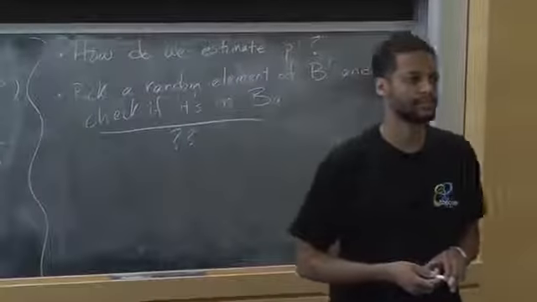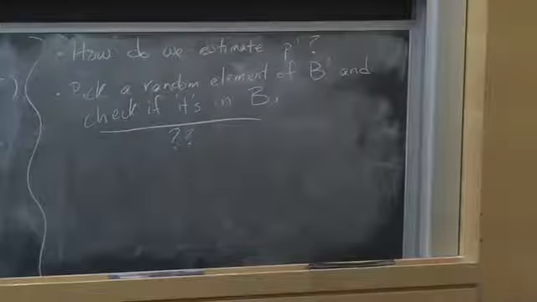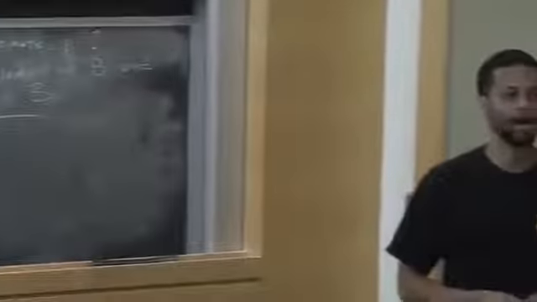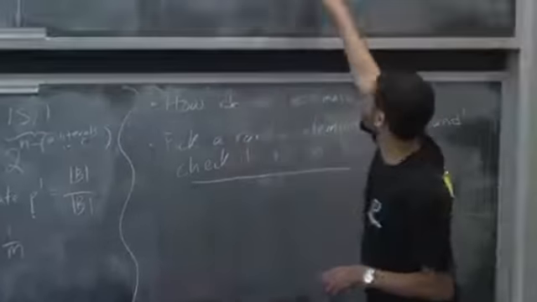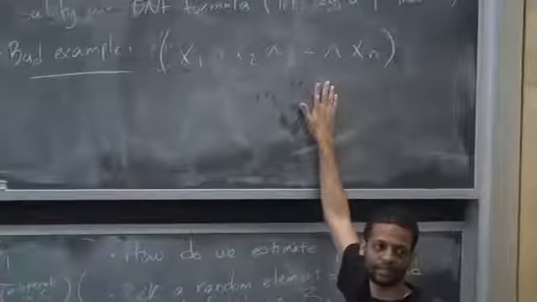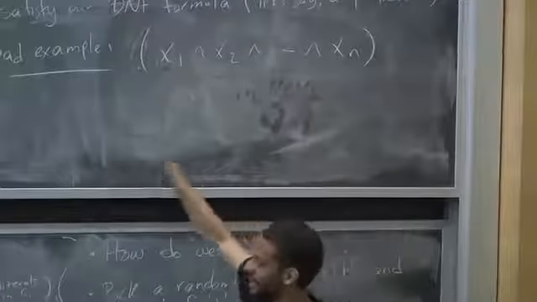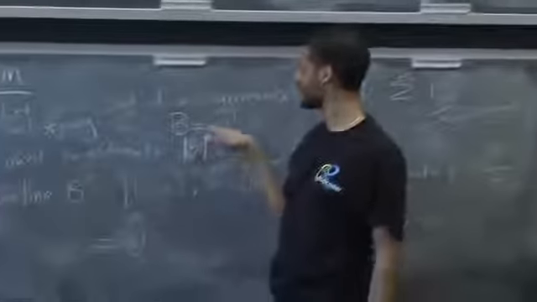The way a DNF works, to satisfy the entire thing, you just have to satisfy one of the clauses. So any x in B prime is definitely in this set.